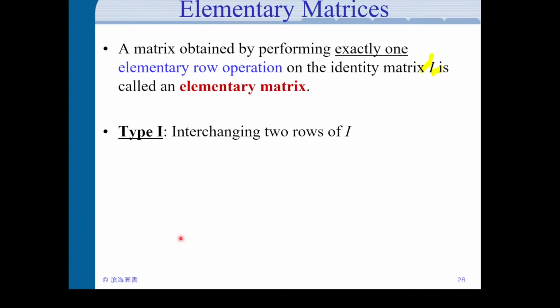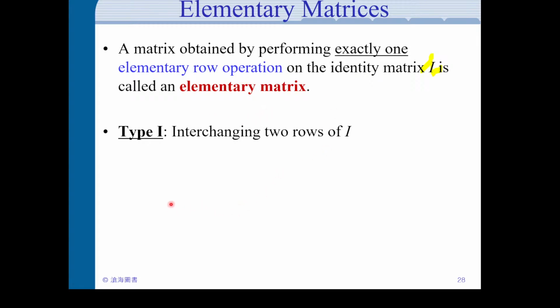Okay, and that's the elementary matrices, which are just the matrices corresponding to our elementary row operations. The definition is that they are the matrix you get when you do an elementary row operation on the identity matrix I. So if you do one elementary row operation on the identity matrix I, then it's an elementary matrix.